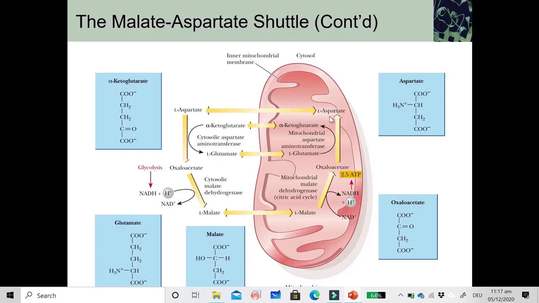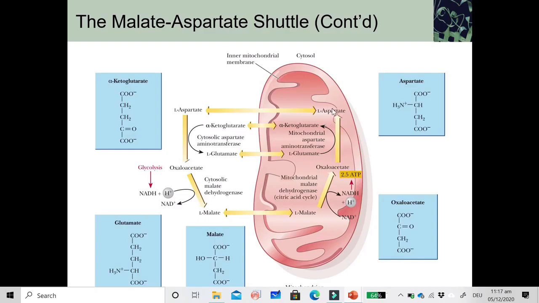It becomes converted into L-aspartate. Do not worry, we're going to discuss more about that when we study the metabolism of nitrogen-containing compounds like amino acids as well as the nucleotides.